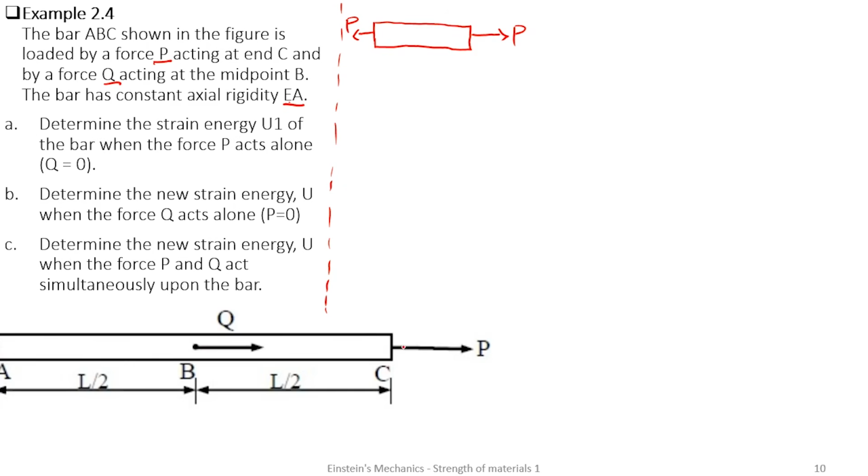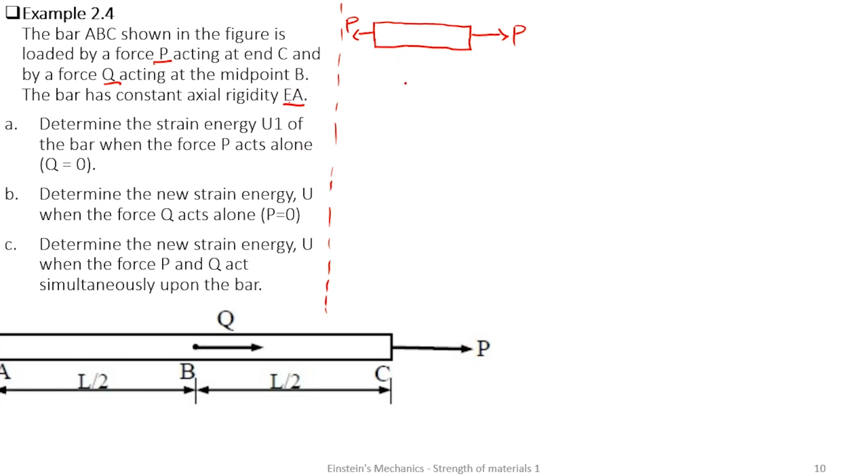Look at this, because it is at the end. If it is stretching, it is going to cause a strain inside the bar from A to C. So it is taking all the bar. I know why I'm saying that; we will consider the Q and we will see what happens. So for the P, it is stretching the whole bar. All right, so we consider the force to be P, and we have our rigidity EA.